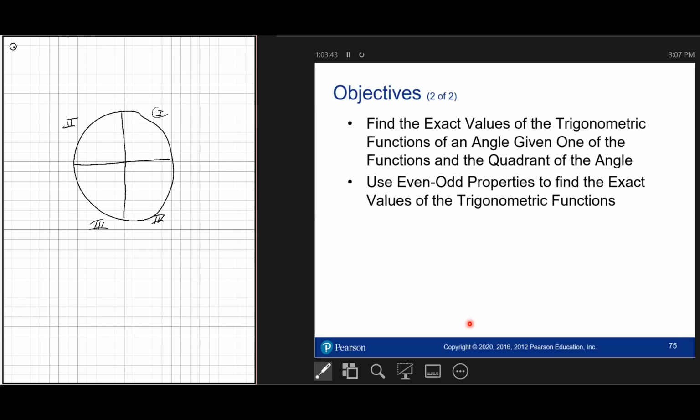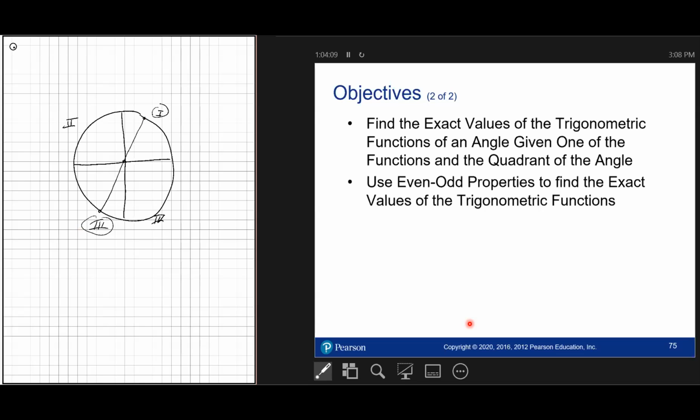Now, the first and third quadrants show symmetry with respect to the origin. The signs change. This point up here and its corresponding point down here, the x and y values just change their signs, from positive to negative.